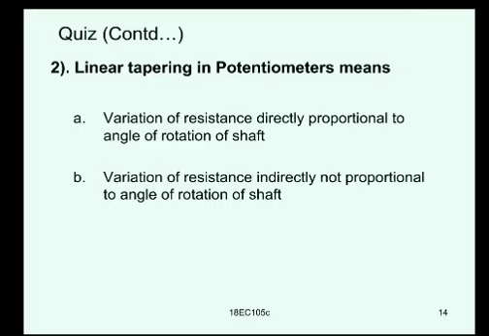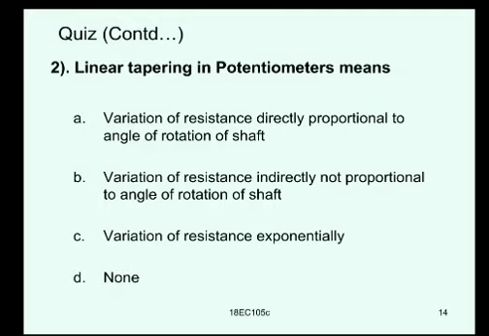Then choice 3, variation of resistance is exponentially done. Then choice 4, it is none of the above. What's the right answer? It is variation of resistance which is directly proportional to the angle of rotation of the shaft.